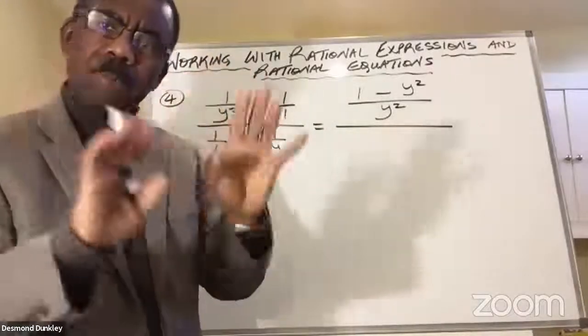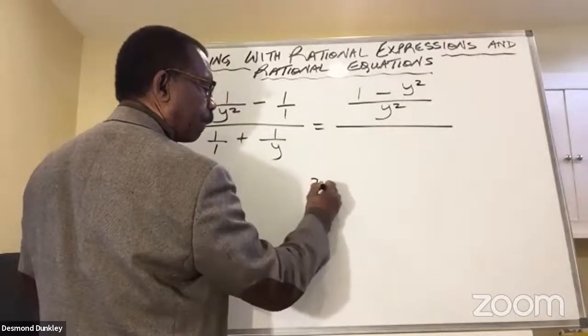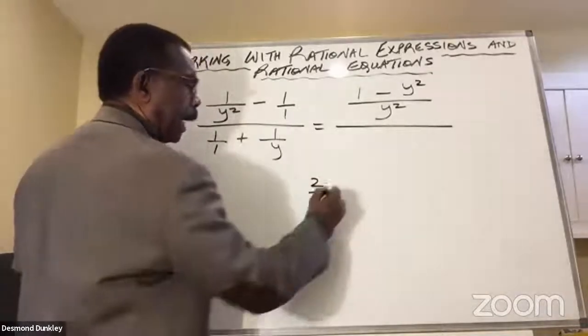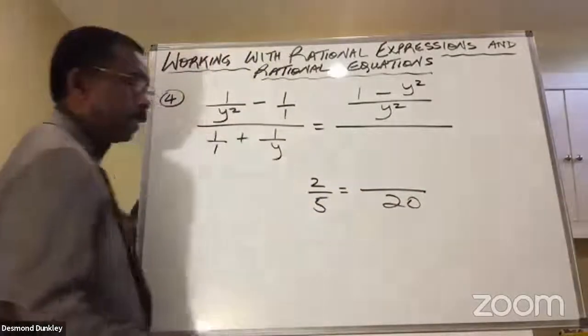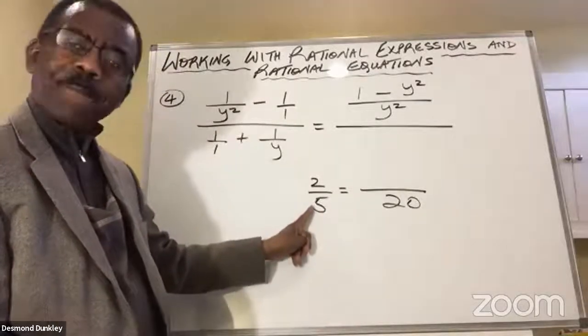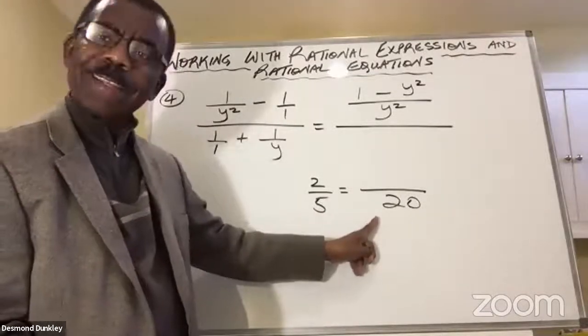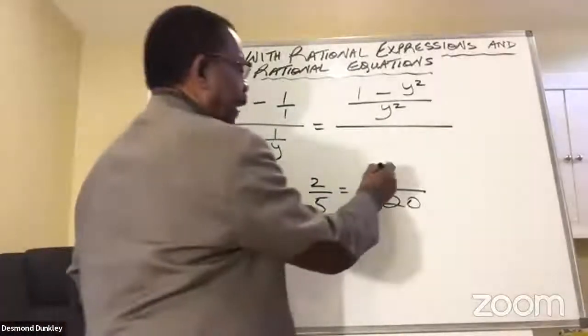Let's go this way. If we had, say, 2/5, and I want to change that to a denominator of 20, this is a sidebar. I have to multiply 5 times 4 to get 20. So therefore, I also have to multiply the top by 4, and that's 8.